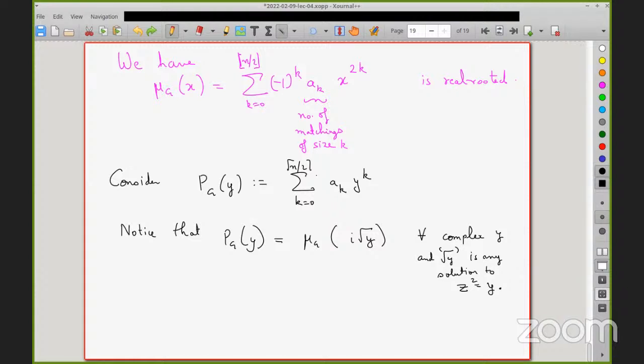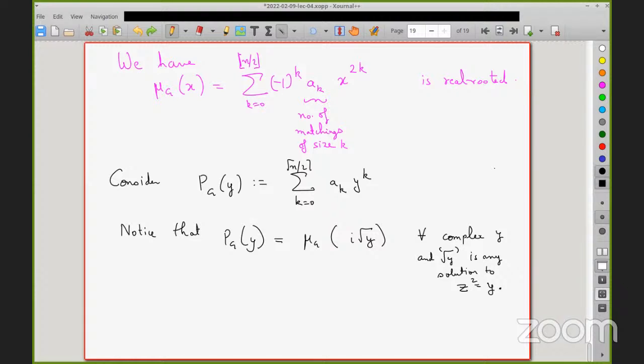That polynomial is just this polynomial evaluated at minus y, because that alternates the signs. The polynomial you are considering is Q_G(y), which is the sum of a_k (-1)^k y^k, but that's exactly P_G(-y). So if one is real rooted, the other is too.